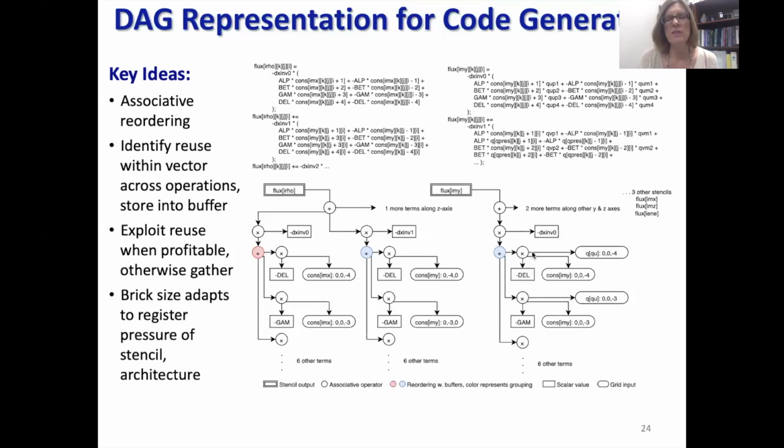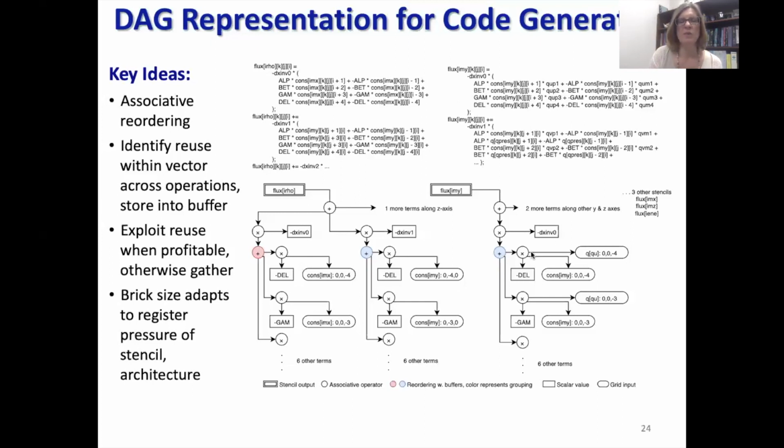The library includes a vector code generator that builds a directed acyclic graph looking for opportunities to reuse vector data and operation, partially computed results. And it looks across grids in order to identify this reuse.